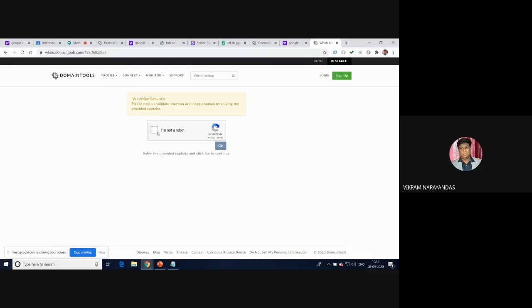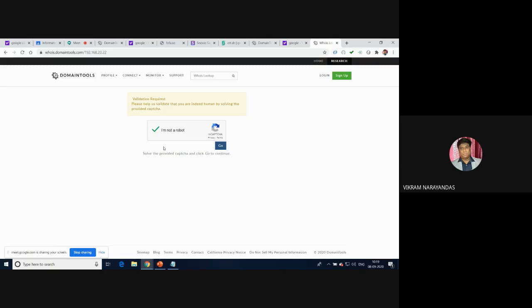So it is asking for a captcha here. I am not a robot. To avoid brute force attacks, it is asking for the captcha here. What is a brute force attack? Trying every possible combination of a password.